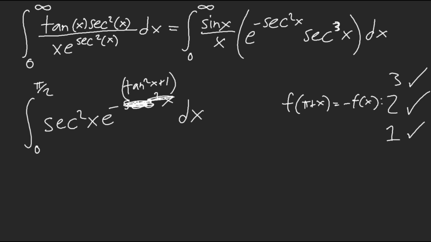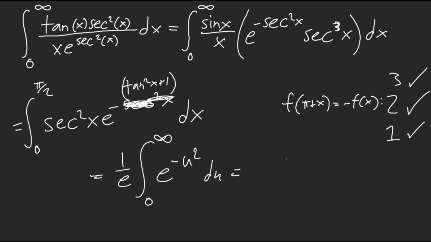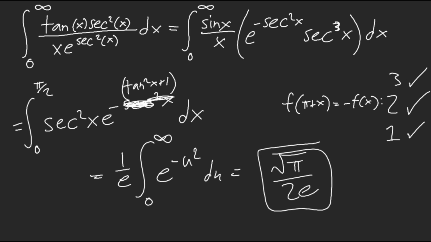Because we can't integrate the original directly, we use cosine Lobachevsky. This becomes 1 over e, integral from 0 to infinity of e to the negative u squared du, where u is equal to tangent x. And now our answer is the square root of pi over 2e. And that is our answer for this integral.